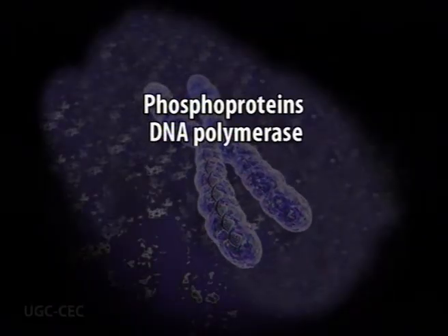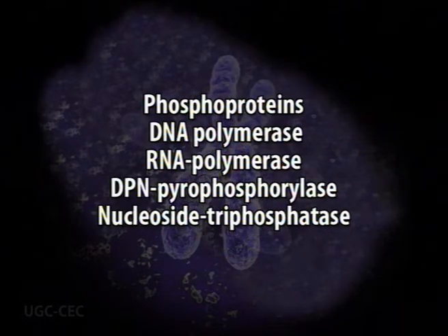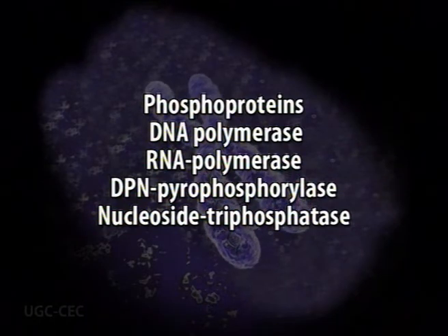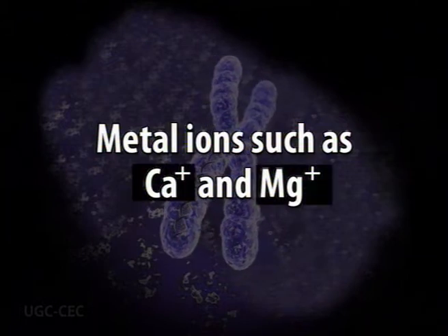The most common enzymatic proteins of chromosomes are phosphoproteins, DNA polymerase, RNA polymerase, DPN pyrophosphorylase, and nucleoside triphosphatase. The metal ions such as calcium and magnesium are supposed to maintain the organization of chromosomes intact. In spermatozoa of fishes, protamines are found. The protamines are low molecular weight basic proteins rich in the amino acid arginine.